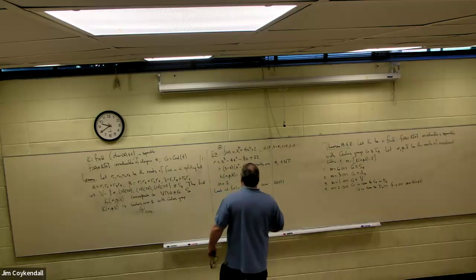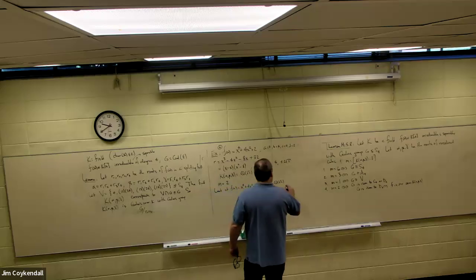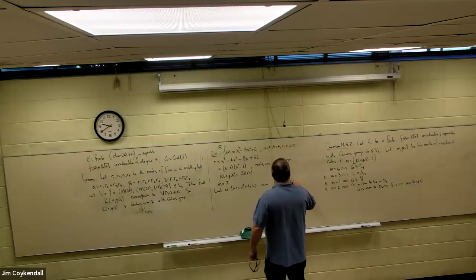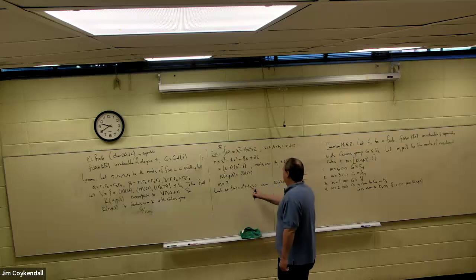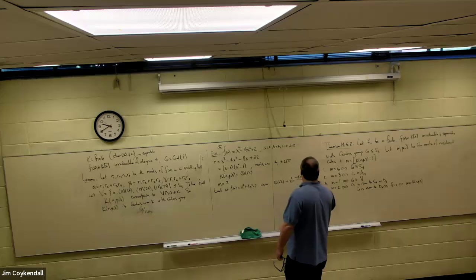Because notice, the roots of this are, x squared is equal to minus 4 plus or minus the square root of 16 minus 8. So this is minus 2 plus or minus radical 2.